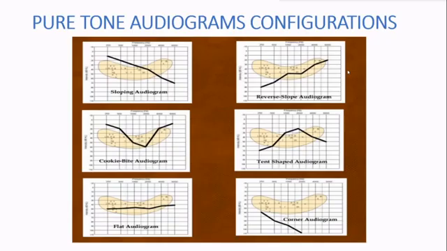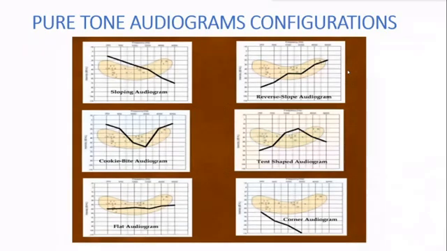Another thing you need to be able to do if somebody talks to you about a pure tone audiogram, apart from the severity of the hearing loss, is tell them about the configuration or pattern of the audiogram. Is it downsloping, is it a cookie bite audiogram, or is it flat? Different configurations tell you about the different pathologies that might correlate with them.